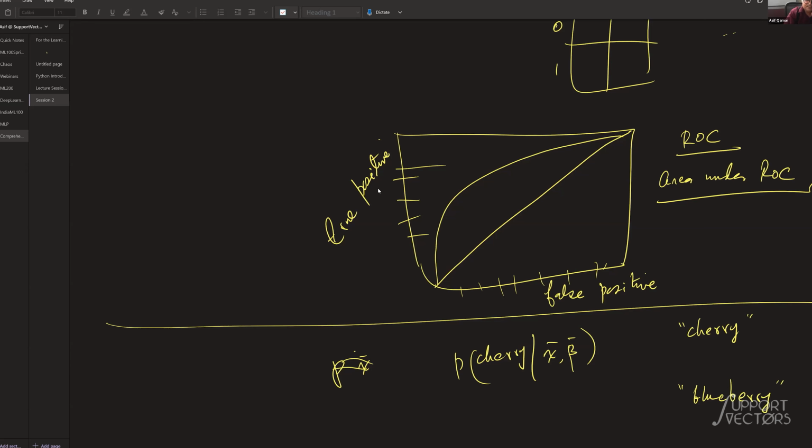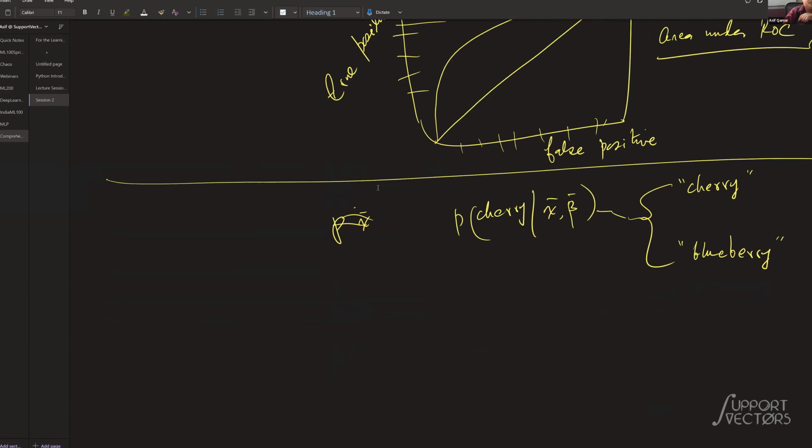So this probability needs to be translated into this. How do you do that? You need to pick a threshold, and you can say if P is less than threshold, it is blueberry.